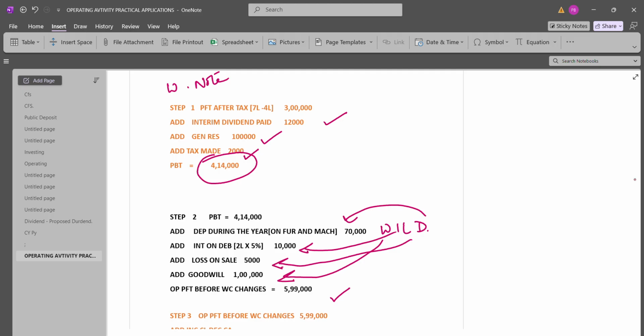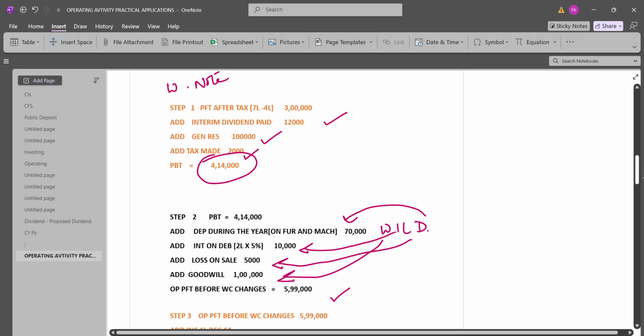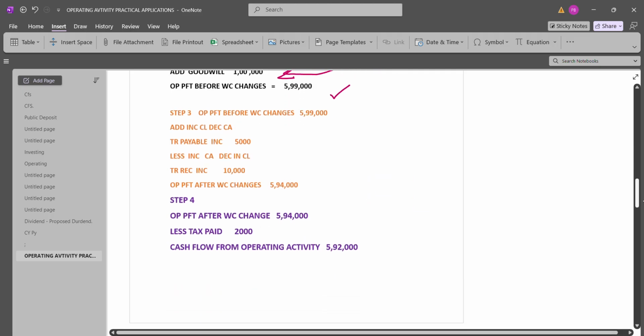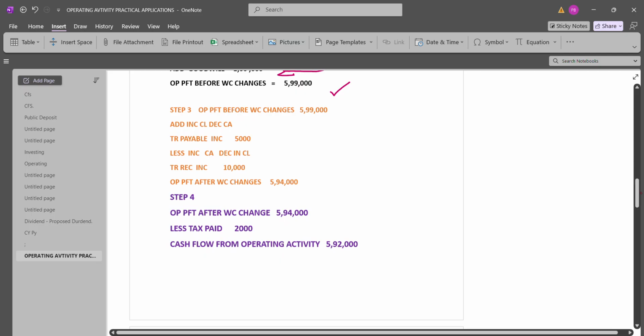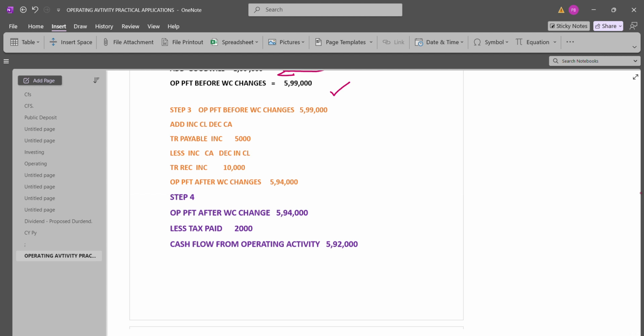I get operating profit before working capital changes as 5 lakh 99,000. Now we will add to this the decrease in trade receivables. Sorry, there is a change in trade payable and receivable. We will be adjusting for that, and then we get 5 lakh 94,000.